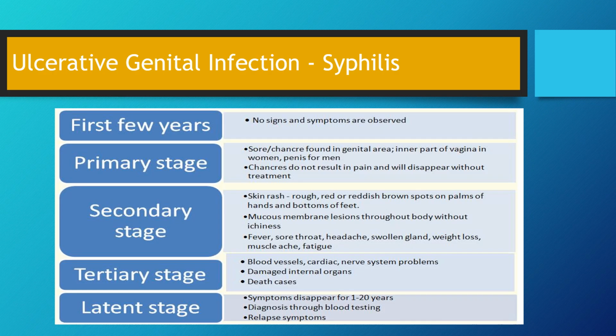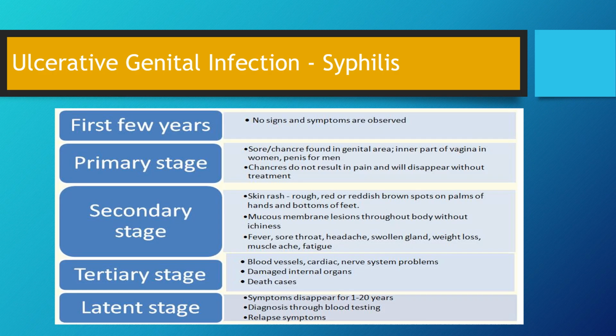So in primary, the patient will have a painless chancre, which will heal in 6 to 9 weeks if not treated. The chancre has a clean base with well demarcated and indurated margins. In secondary, the patient develops condyloma latae, which is infectious white papules in moist areas that look like white warts.